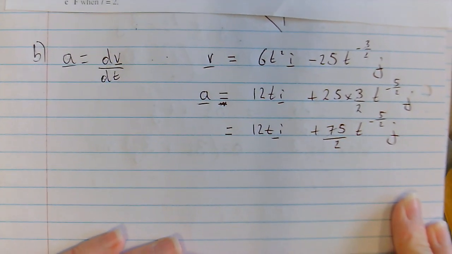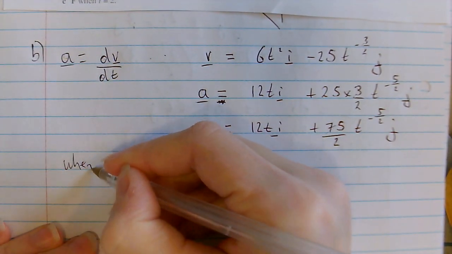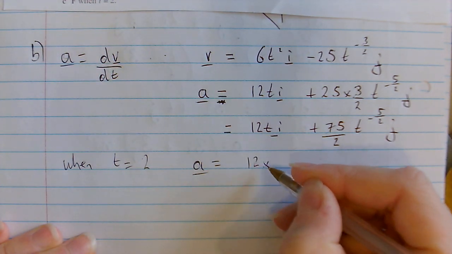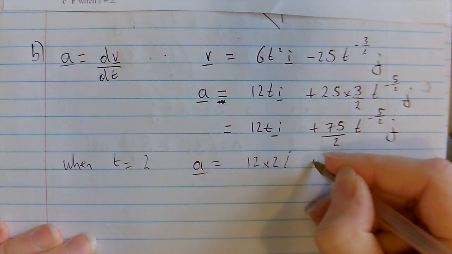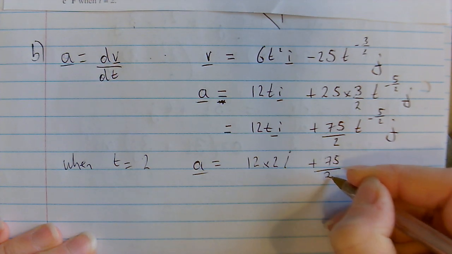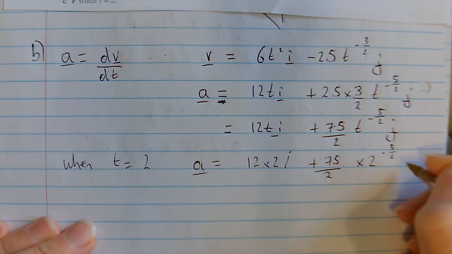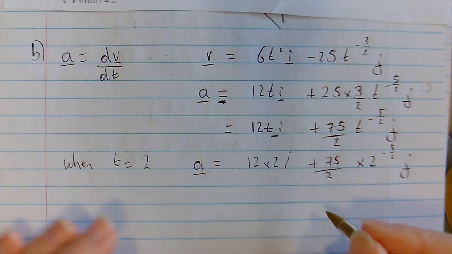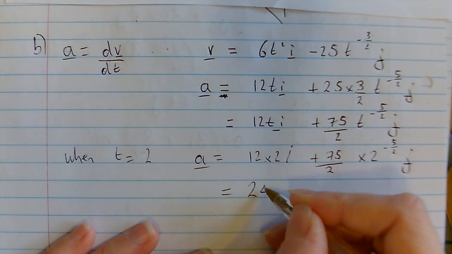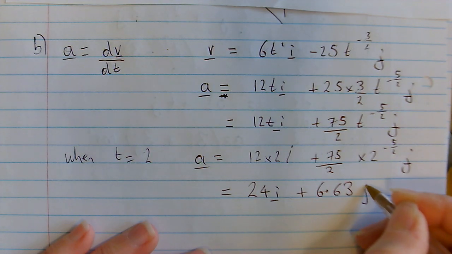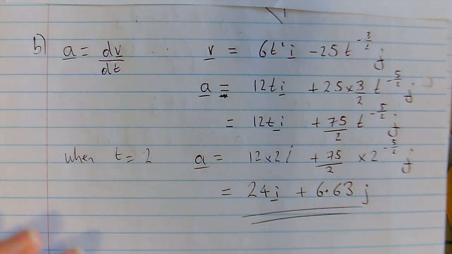And then we want now when t is 2. So when t is 2, put t is 2 into this, so you get 12 times 2 i plus 75 over 2 times 2 to the minus 5 over 2 j. A little bit fiddly. And you end up with 24i plus 6.63j. That's your answer for acceleration.